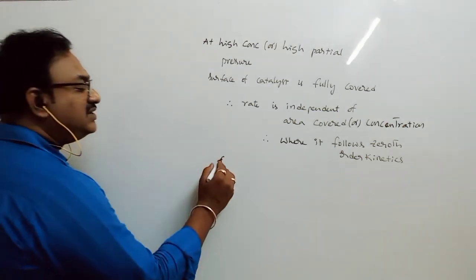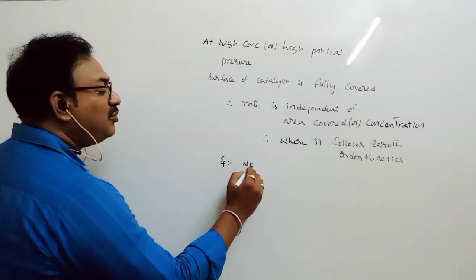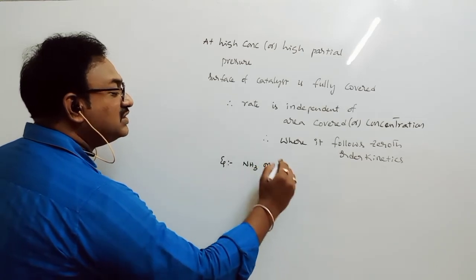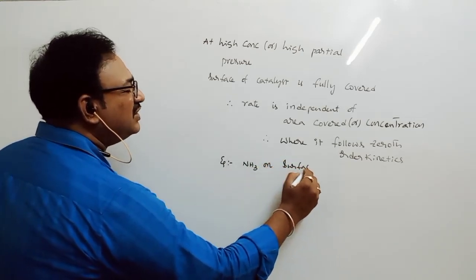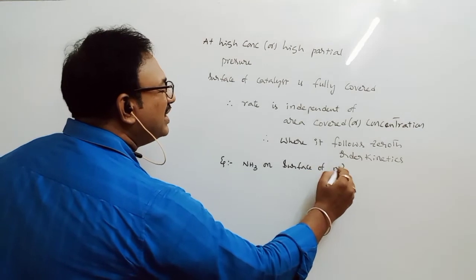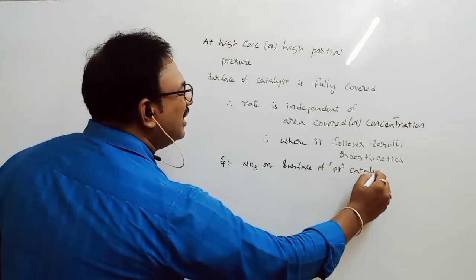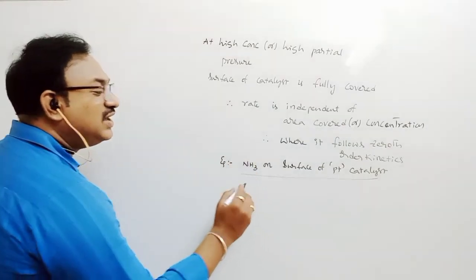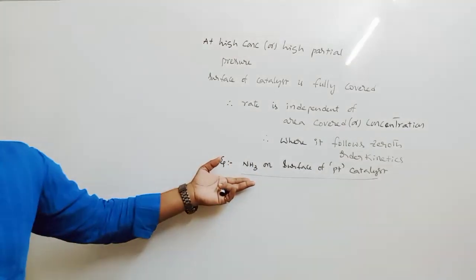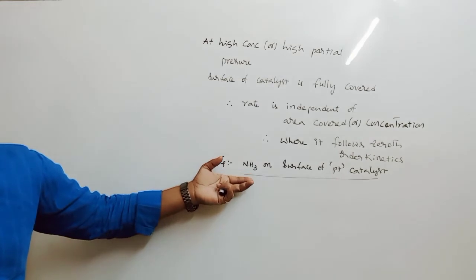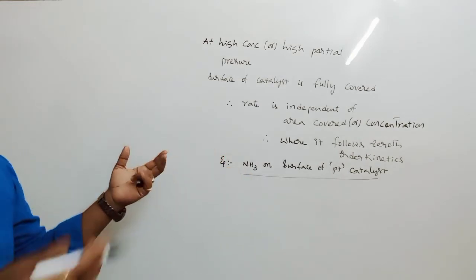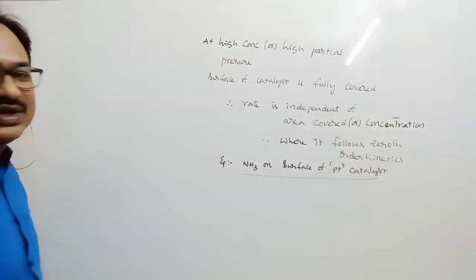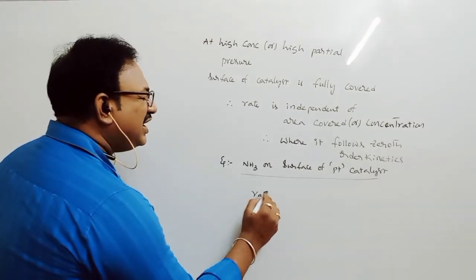For example, ammonia on the surface of platinum catalyst. Here you can take low pressure and high pressure conditions, or low concentration and high concentration. So it can be written like this.